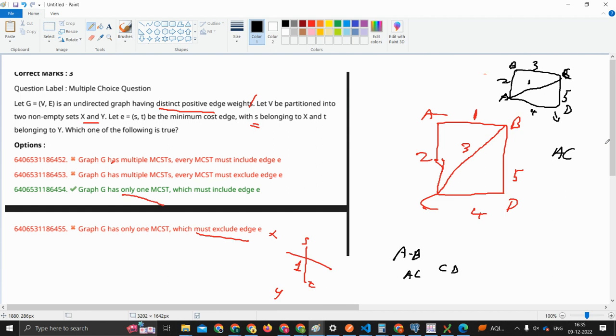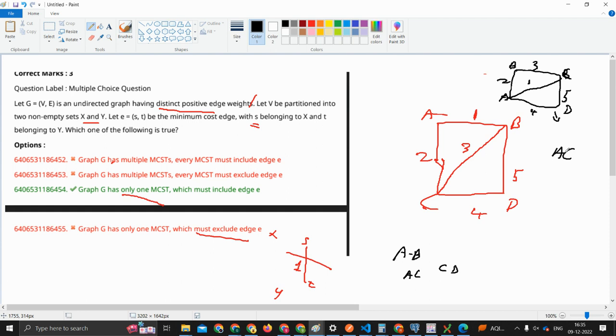Whether it is part of a cycle or not, if it is the absolute minimum edge, it is always going to be included, because we're going to start with it. Even if it is part of a cycle, that is what I'm saying. But given the condition that it should be the minimum among all, correct, because had it been the second smallest or something like that, then it is not necessarily true.